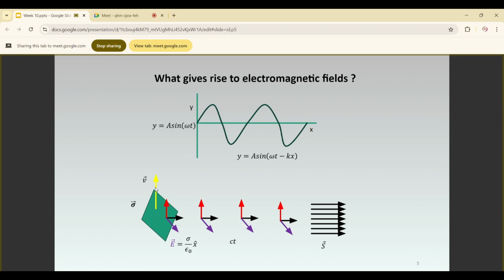What happened? It generated an electric field that was in the x direction, the generated magnetic field was in the z direction, and the propagation vector was in the y direction.